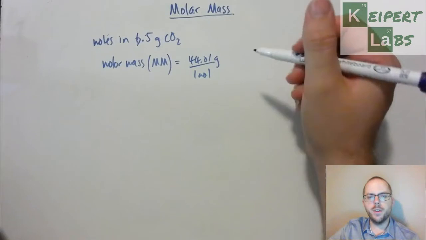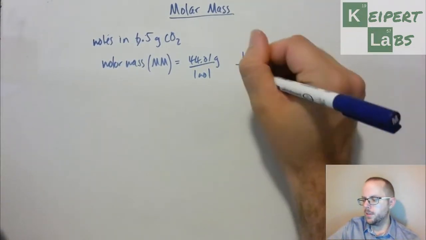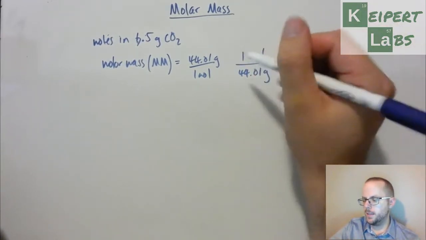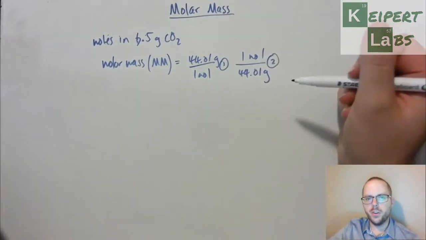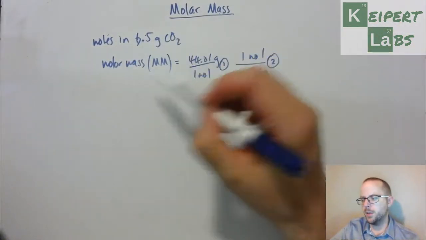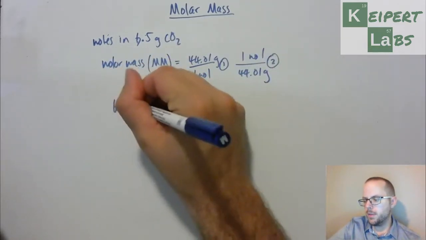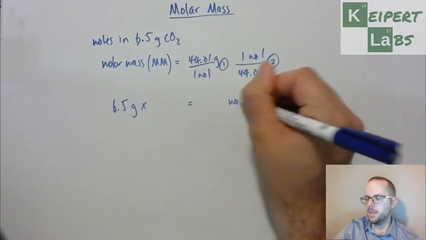Now, because it's a conversion factor, we could also set this up as for every 1 mole of carbon dioxide, I would have 44.01 grams. So I've got version 1 or version 2, and I can use whichever one gets me the answer I'm looking for. I've got 6.5 grams of carbon dioxide, and I'm trying to get units of moles in the end.